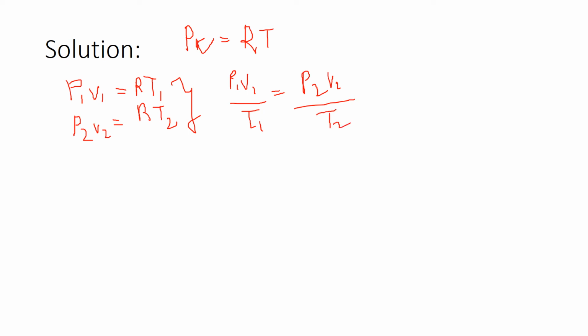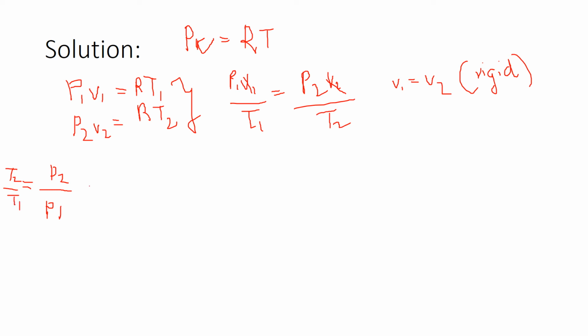But we know that V1 is equal to V2. Why? Because we have a rigid tank, so volume is fixed. It's given, rigid tank. These are how you need to understand the question. So now the volume is fixed, so these are getting cancelled. So what do we have? P2 by P1 can be written as T2 by T1.